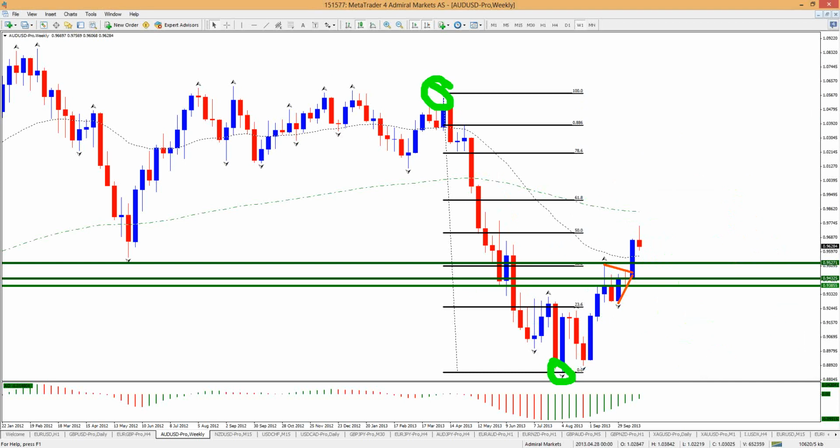Sometimes, though, you might have multiple fractals close by. In that case, probably the best is to take the higher one, unless there's a significant difference between those tops. You see, there are a lot of fractals here and a fractal here. I didn't place the fib here, as you can see. I placed it here.